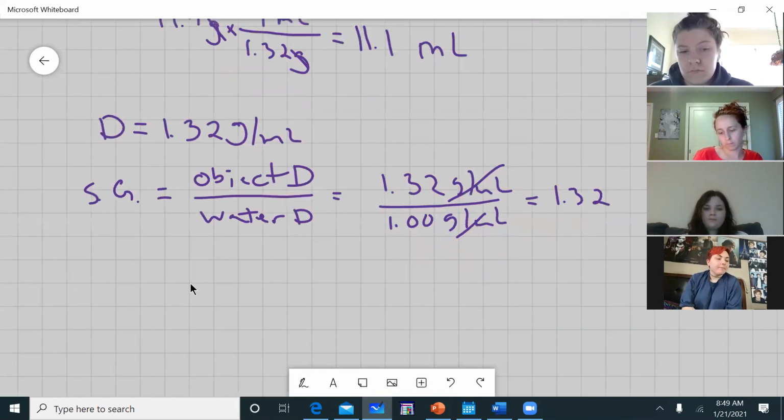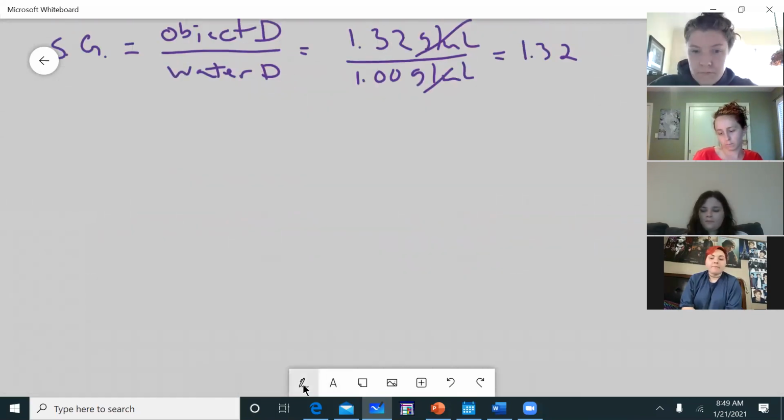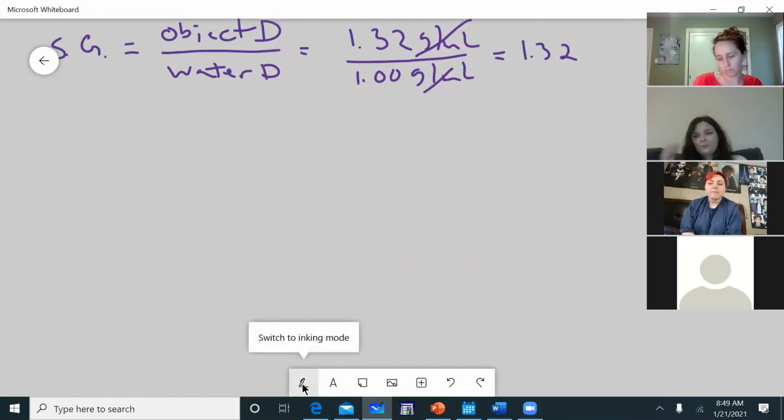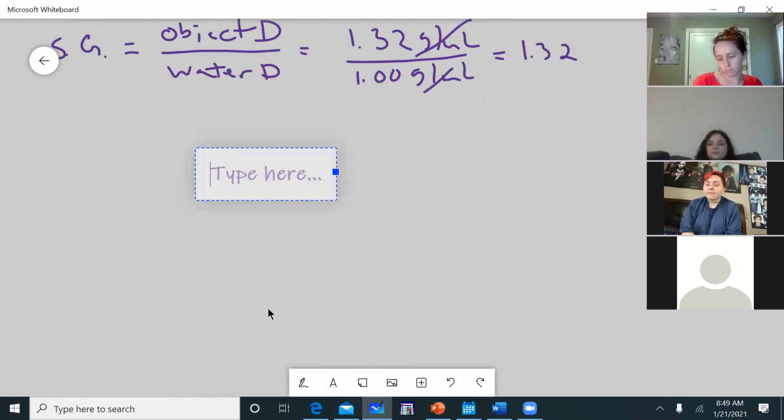So let's do another density problem. I'll type it.